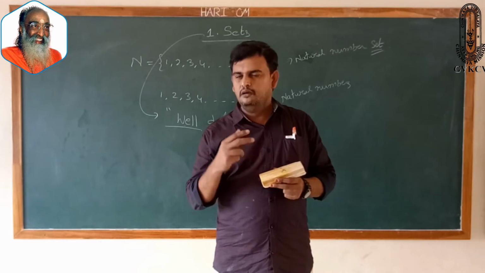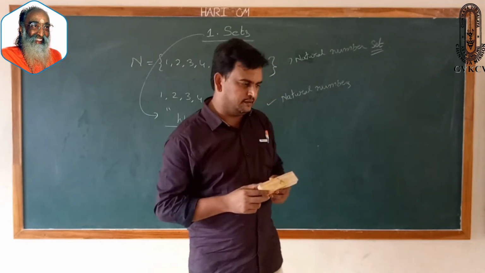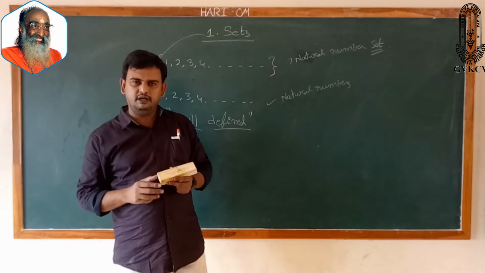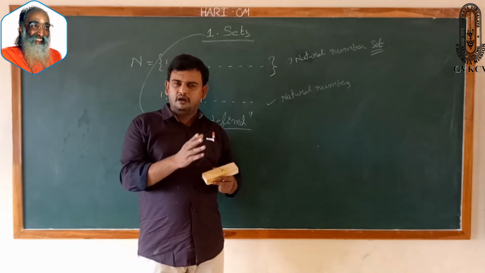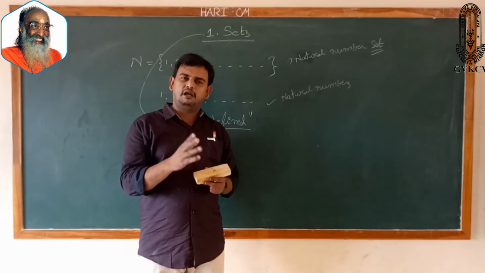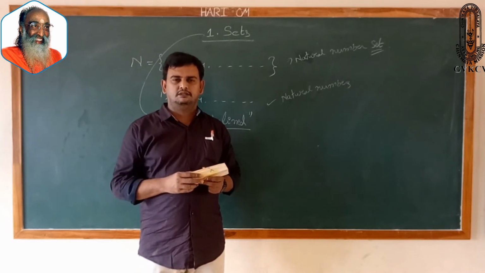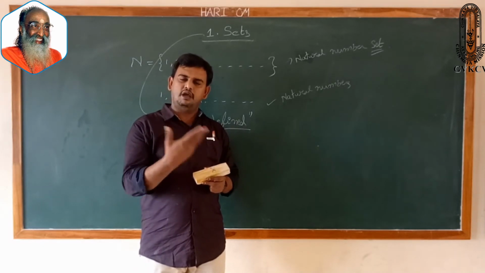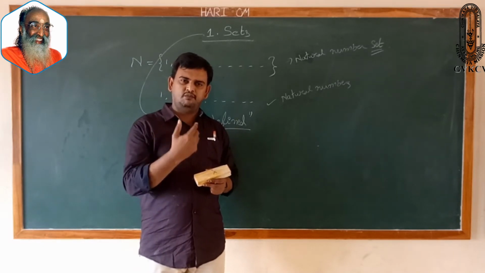Why? What happened? Previously, when I asked a question, a collection of alphabets in English or collection of natural numbers or collection of vowels, these three questions you can ask anyone, anywhere, and you will get the same answer.